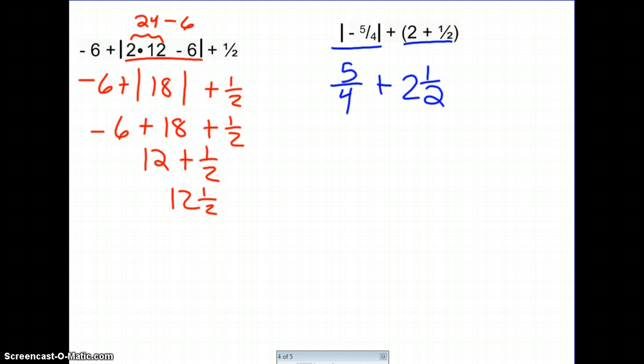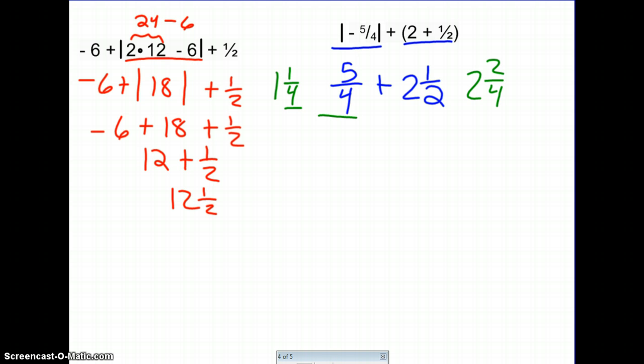Here we're adding fractions, but we can handle that. If I think of this as being 2/4, and let me rewrite this in a different color. So 2 1/2 is the same as 2 2/4. 5/4 is the same as 1 1/4.